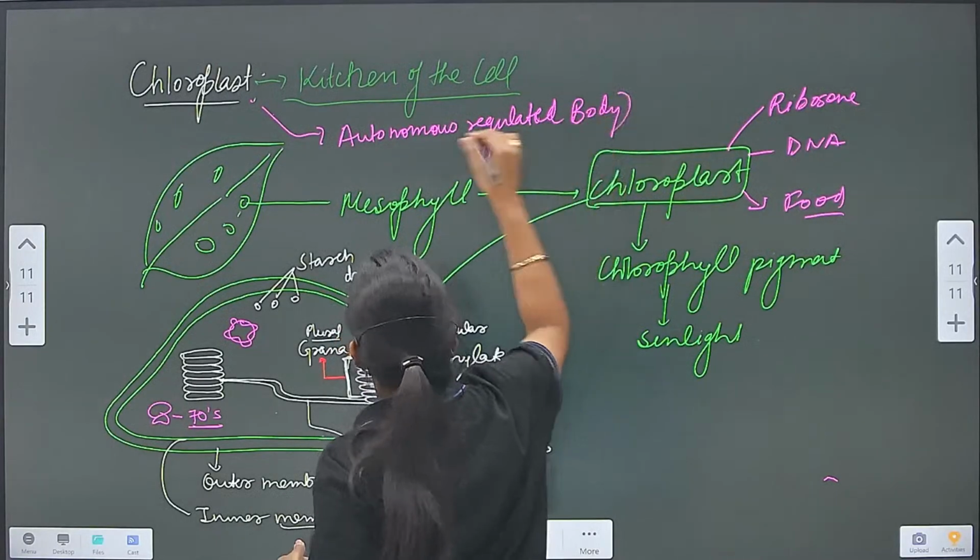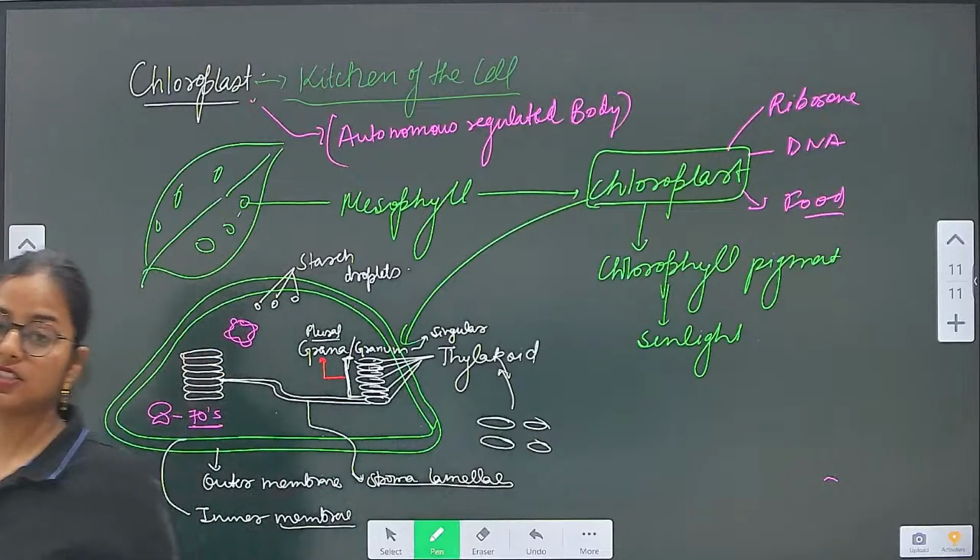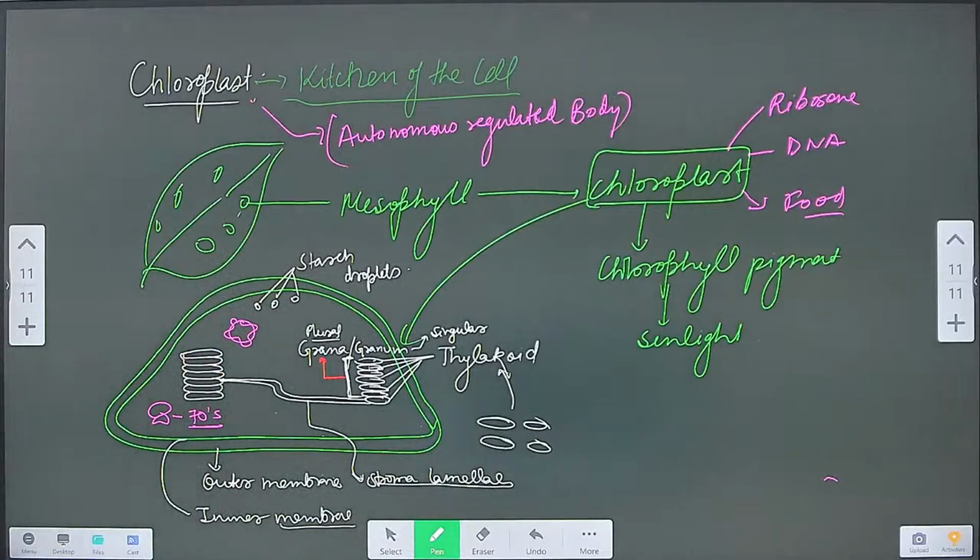Chloroplast can replicate by itself. It is regulated by itself. Now you can note down what is unique about the chloroplast and what it consists of. Is that clear?